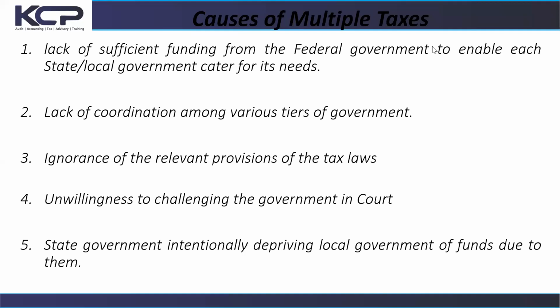Then the second reason is lack of coordination among various tiers of government. You will see the federal government has made a tax enactment. The state government too is going behind to make the same form of enactment.